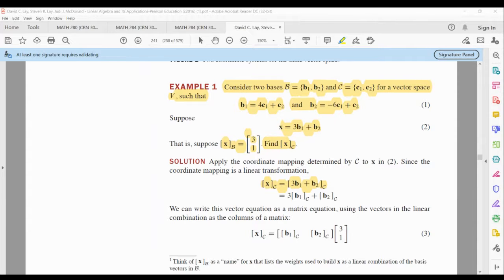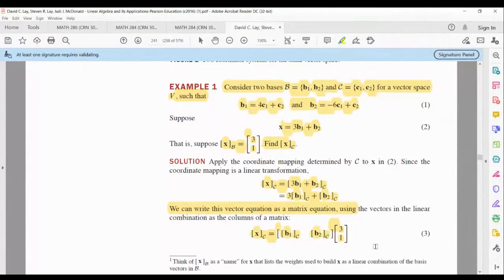So we can rewrite this coordinate vector this way. We can write it as 3 times the coordinate vector of b1 with respect to basis C plus the coordinate vector of b2 with respect to basis C. Interestingly enough, you can express the coordinate vector then as a product of these two matrices.